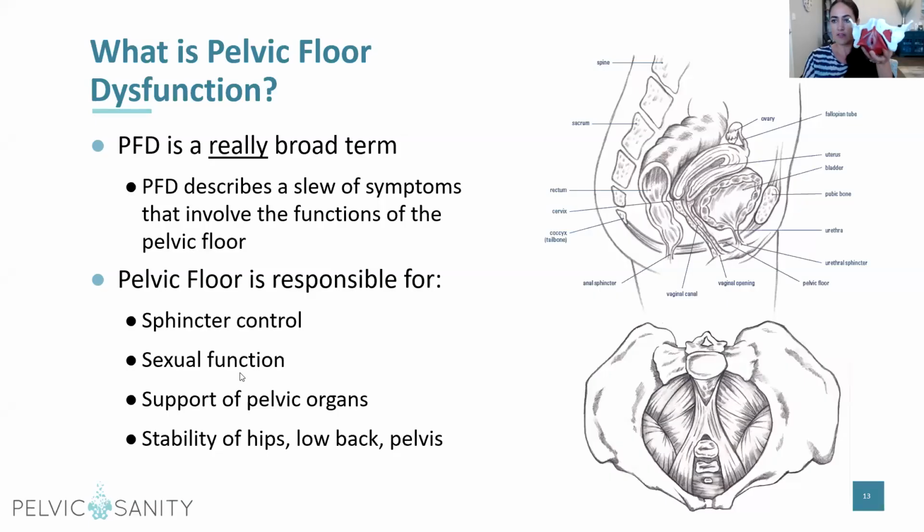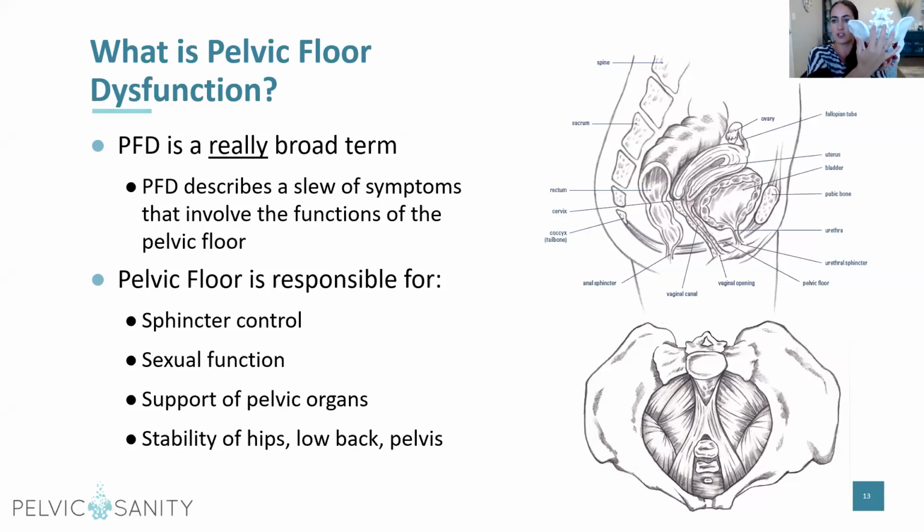So the pelvic floor is responsible for sphincter control, for sexual functioning, for supporting the pelvic organs, and actually supporting the bladder itself, right? So all your pelvic organs are in here, and you guys have a prostate that's right underneath the bladder. And it also is good for stability of the spine.